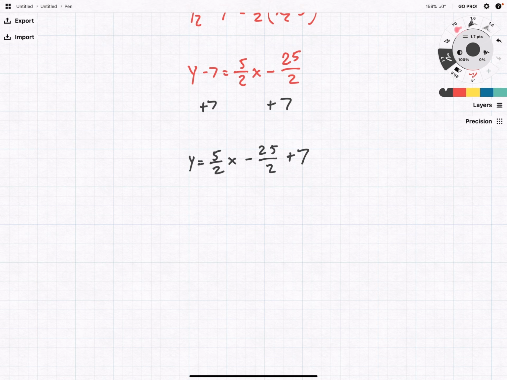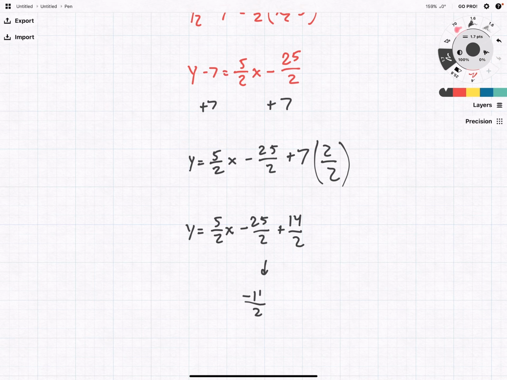Now, I do want to make it so that I can add these numbers together. So let's go ahead and multiply 7 by 2 over 2. And that will give us y equals 5 halves x minus 25 over 2 plus 14 over 2. So negative 25 plus 14, that's going to give us a minus 11 over 2.